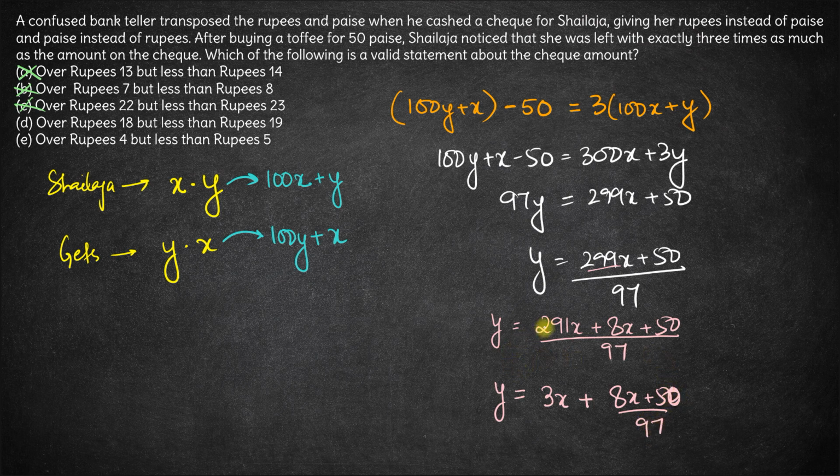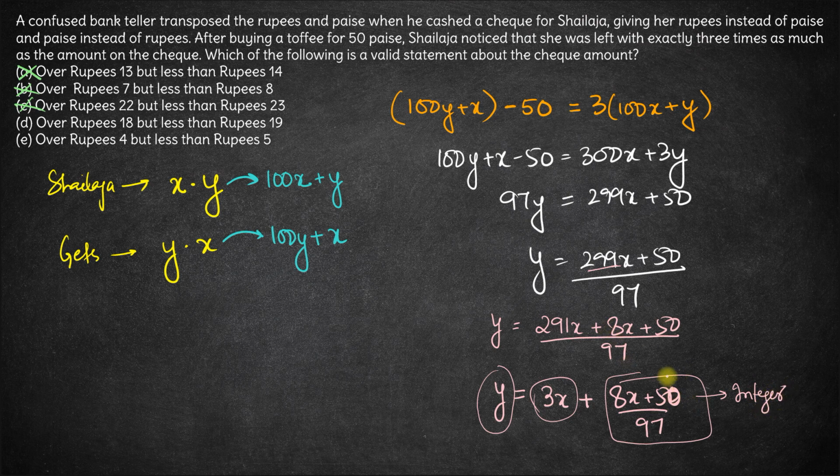Now since x and y both are integers, on the left hand side y is an integer, and 3x is also an integer, right? So if the left hand side is an integer, the RHS should also be an integer, and if the sum of two numbers is an integer, out of which 3x is already an integer, then the other term should also definitely be an integer.